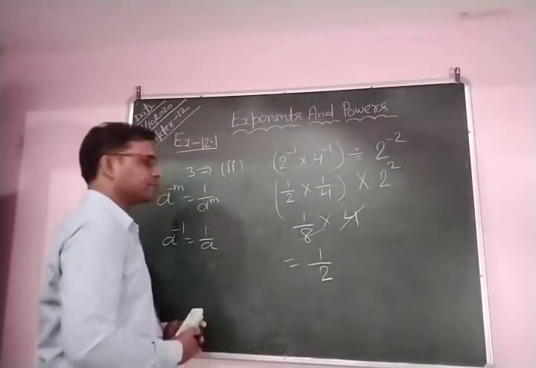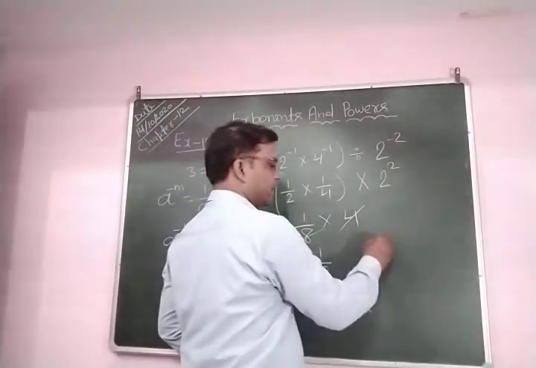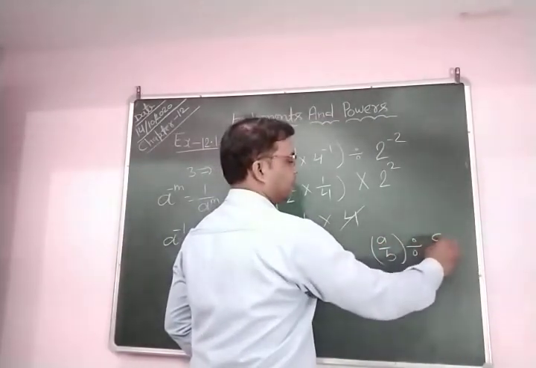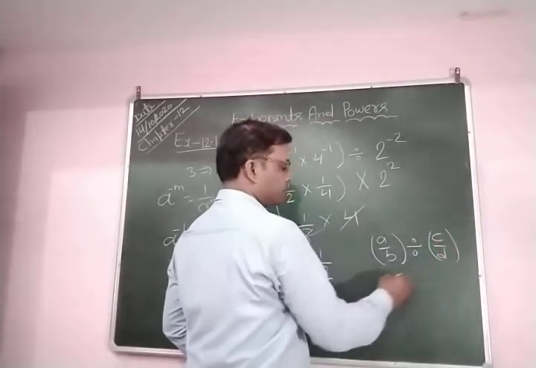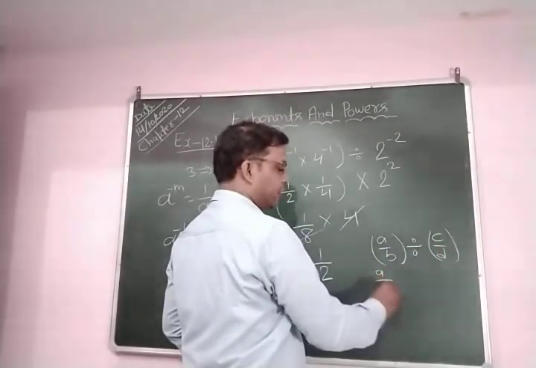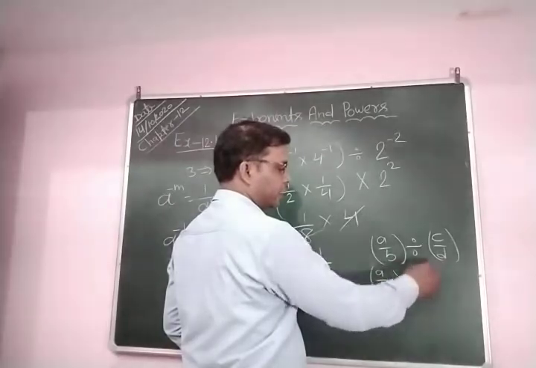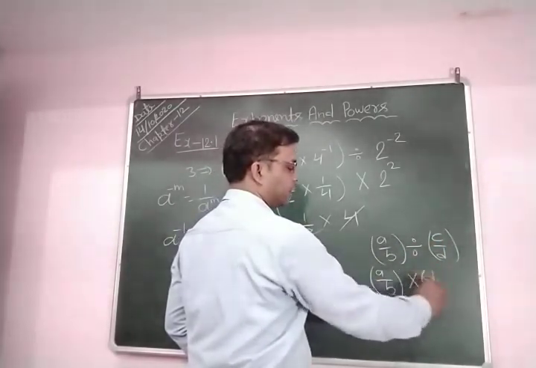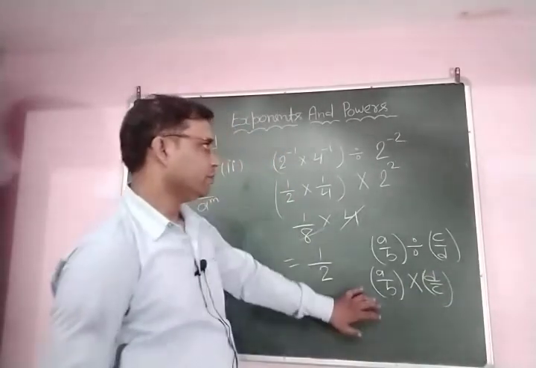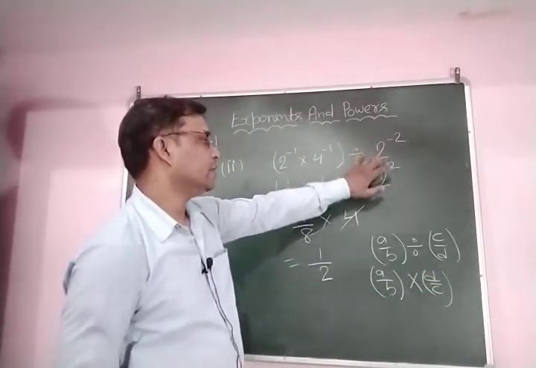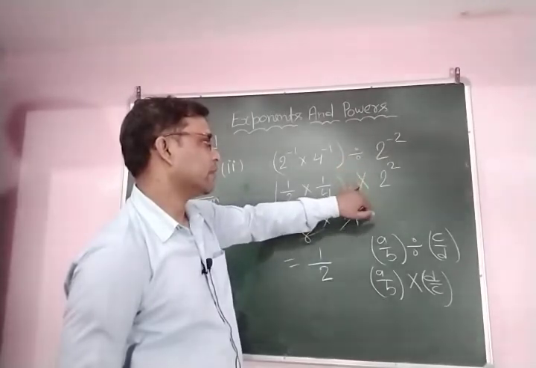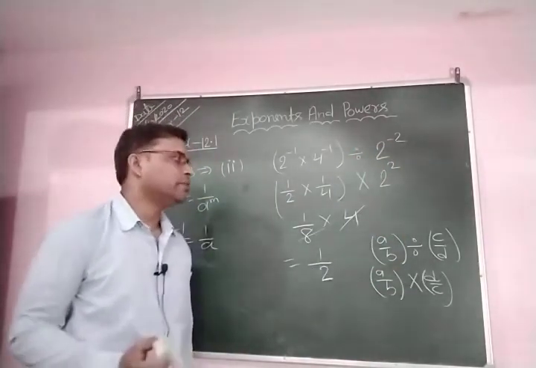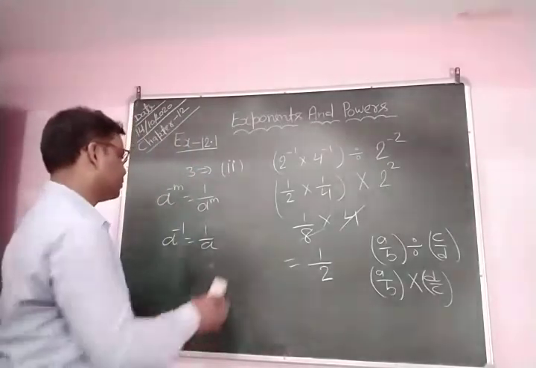You can see here, if you have a by b divided by c by d, so you can write it a by b into, and write the reciprocal d by c. Clear? So according to this rule, we applied here, and you write this division replaced by multiplication, and here it becomes positive.